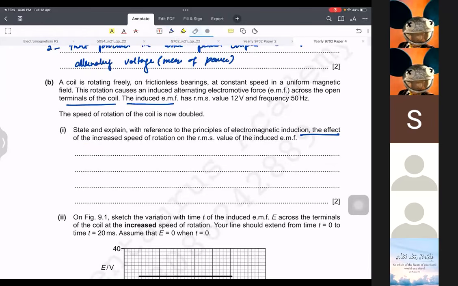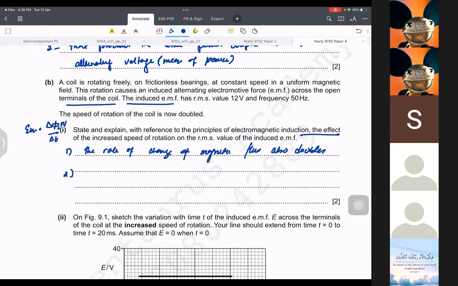If you know electromagnetic induction, you need to understand that the rate of change of magnetic flux also doubles, because EMF is equal to change in magnetic flux linkage over time. Now, so doubles. Okay. So पहला point, दो point है.